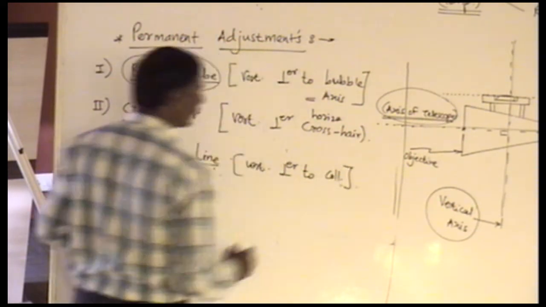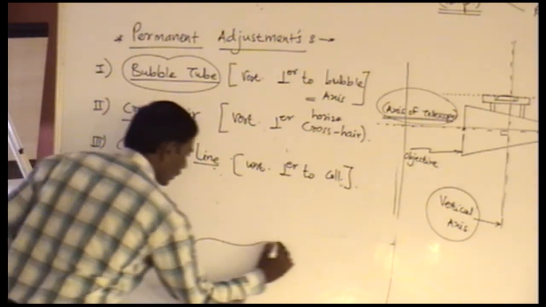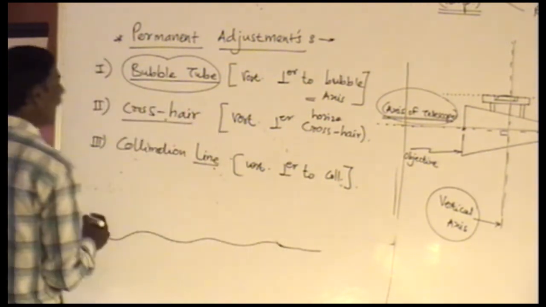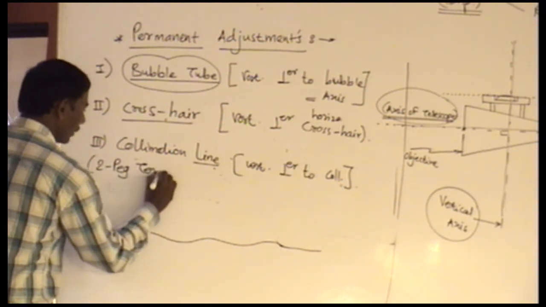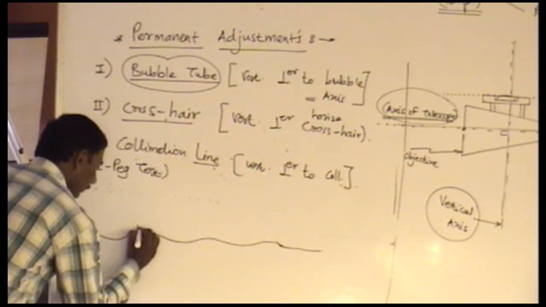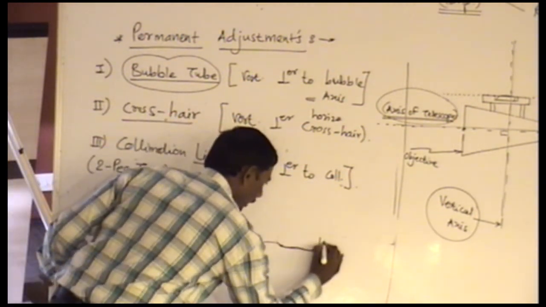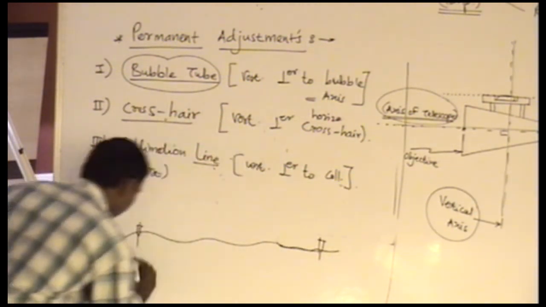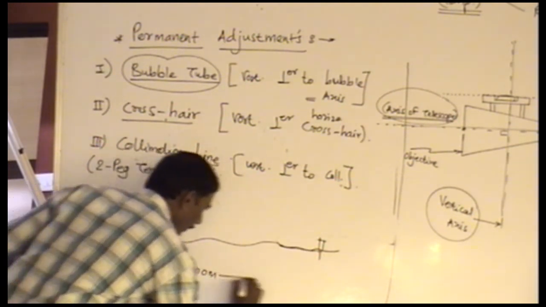And how is it checked? Usually for this, it is also called a two-peg test. Because to test it, the pegs are driven into the ground at a convenient distance, not more than 100, so this is max 100 meters.